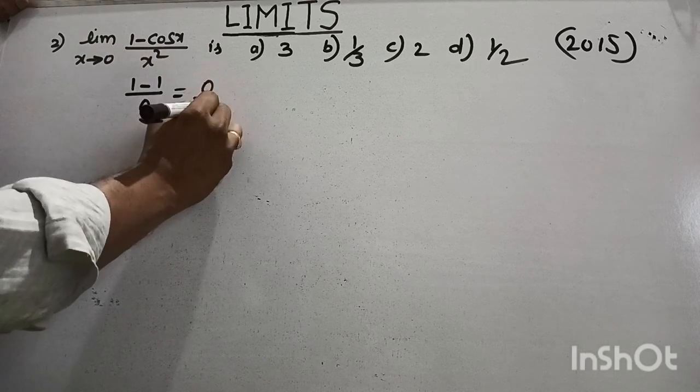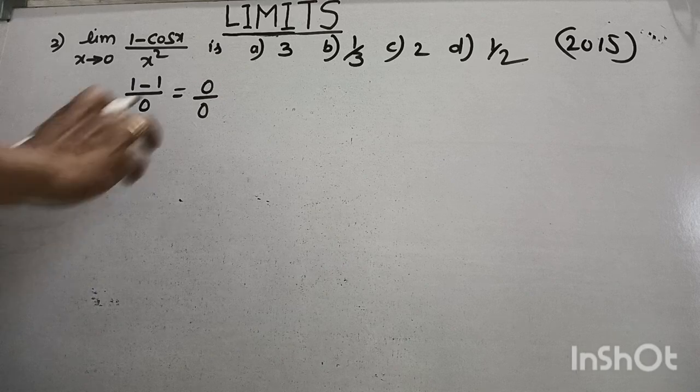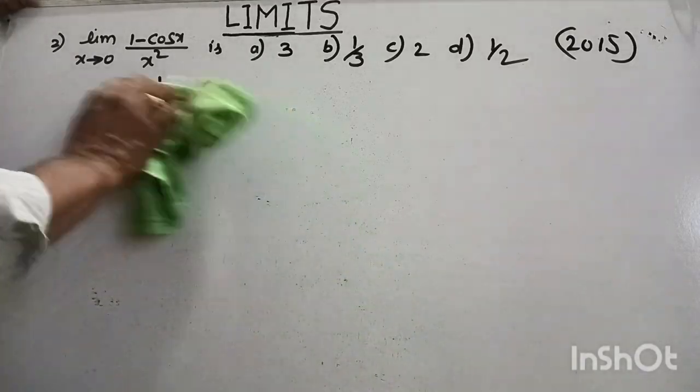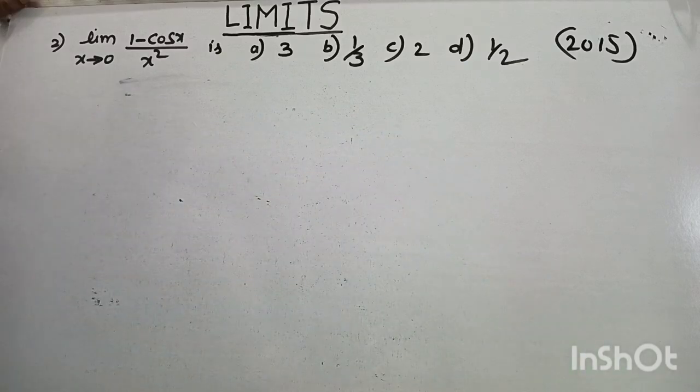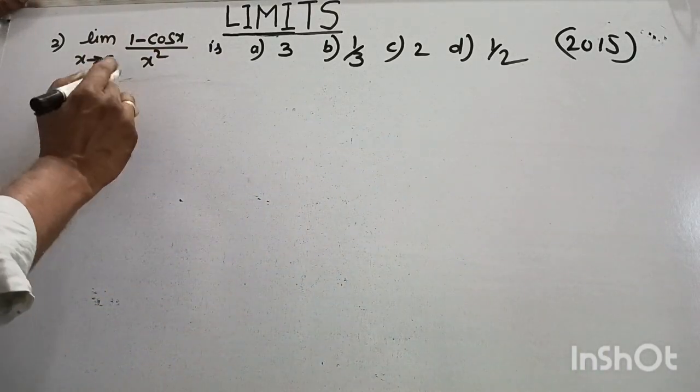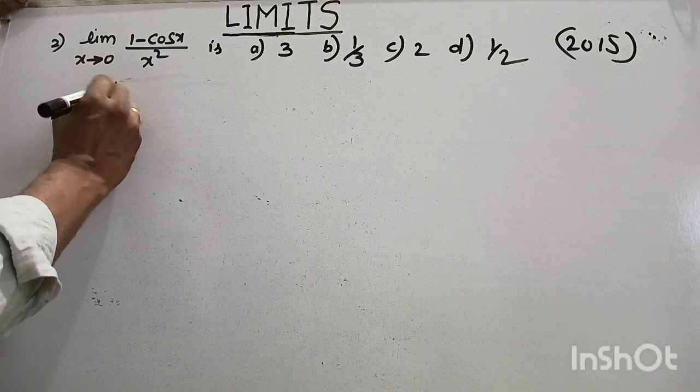So we are getting 0 by 0 form. This is called indeterminate form. Therefore, in this case, we have to use L'Hospital's rule, when we get 0 by 0 form in limits.